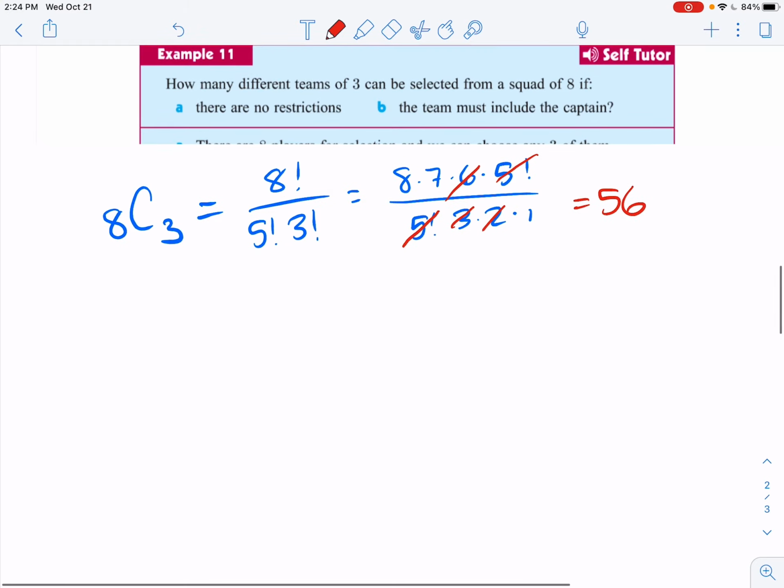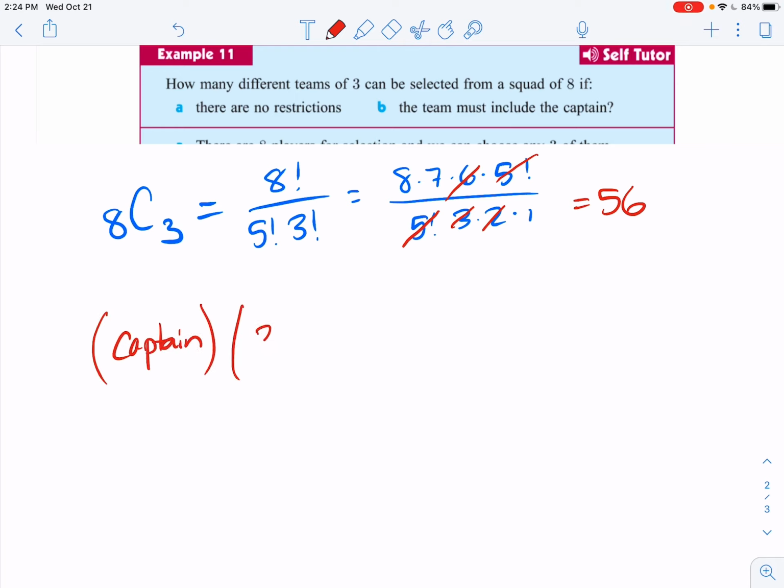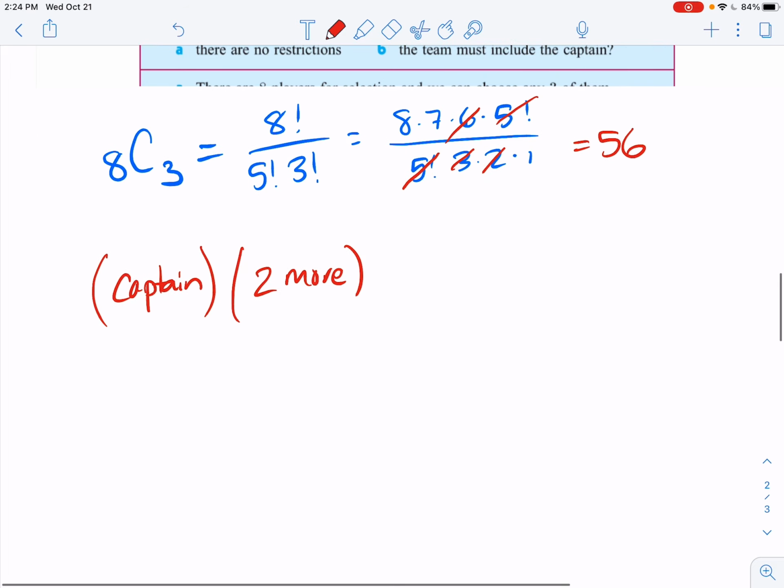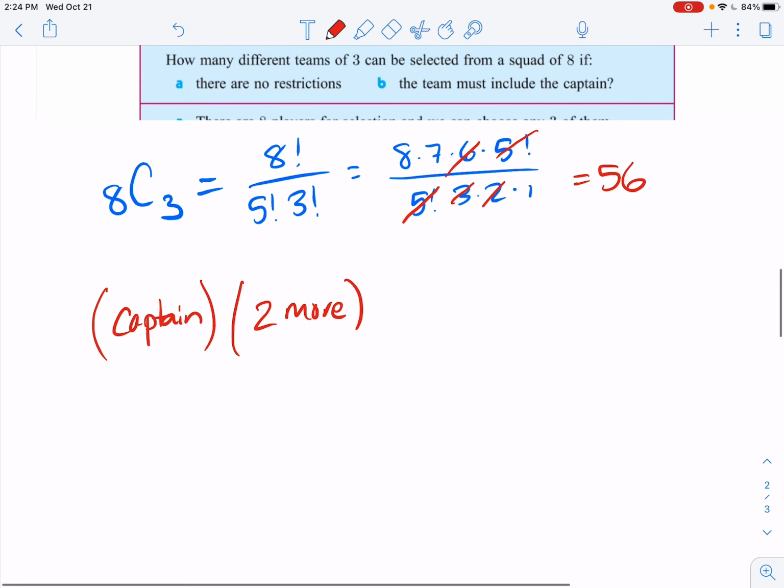Now, if the team must include the captain, now we have the captain, and then we have 2 other players. Let's just say 2 more. And then we would multiply those. Sometimes they'll say you've got 5 captains on a team, and you have to have one of them.